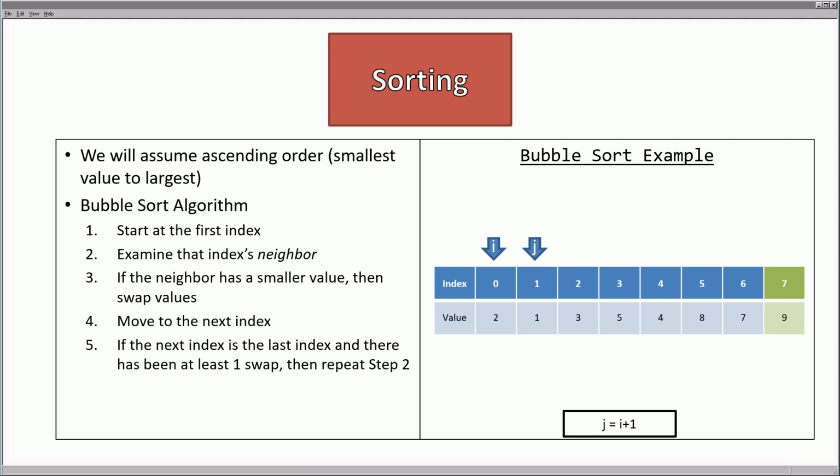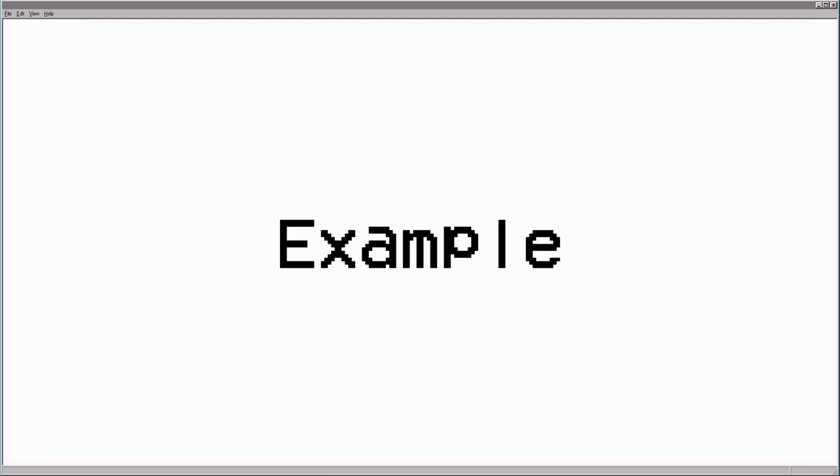Selection sort was always looking for the first smallest value, then the next smallest, then the next. Bubble sort works by bubbling up the largest values. So the first time that we run this, we can guarantee that this last value is the largest value. So once again, you can consider bubble sort being kind of the inverse concept of selection sort. Now let's take a look at an example of bubble sort.